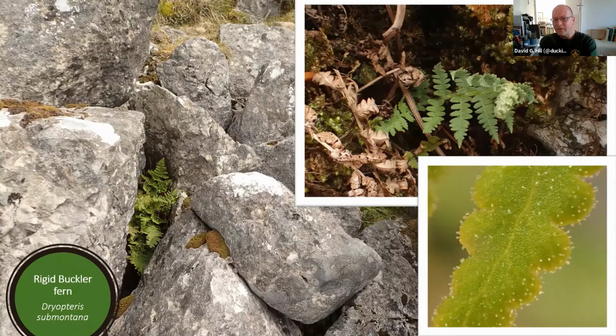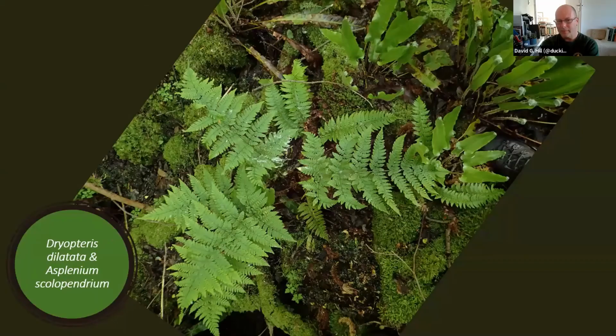Then we have a very common Dryopteris, Dryopteris dilatata. This is the broad buckler fern. Buckler ferns are tripinnate, so I haven't gone into pinnateness. I didn't want to confuse people too much, but basically with fern identification, we count the number of divisions in the fern, and this is often regarded as a tripinnate fern, but it's quite a triangular shape overall.